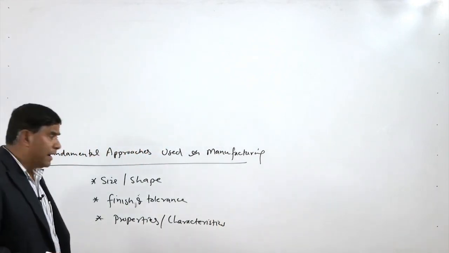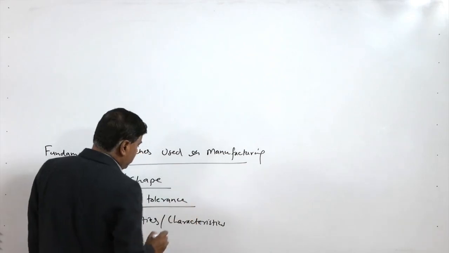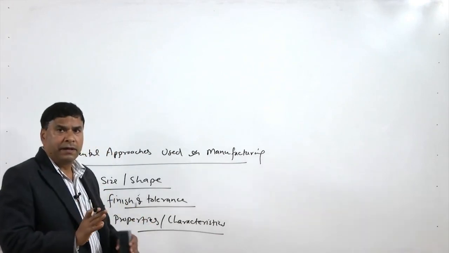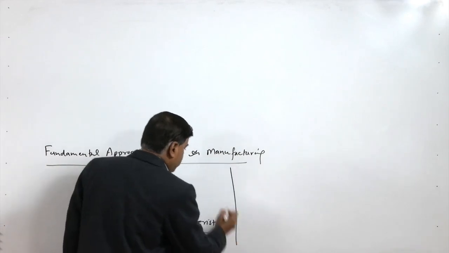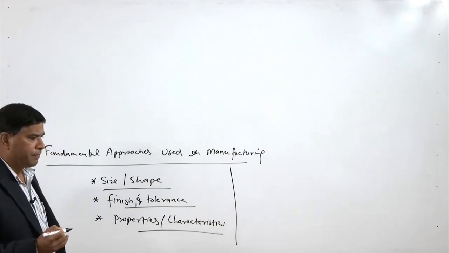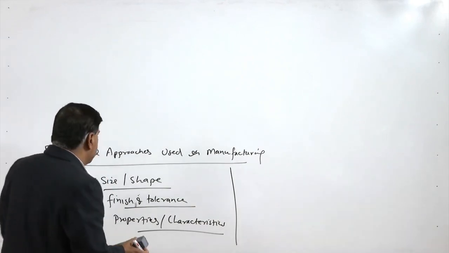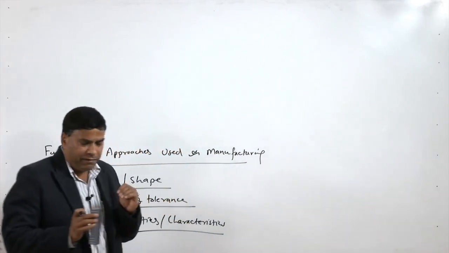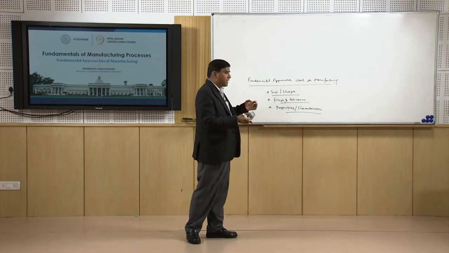So, for realizing the desired size and shape, desired finish and close control over the tolerance, and desired properties, it is required that a wide range of processes are used. The processes used in manufacturing are very wide in range and very different in nature, but there are some basic approaches which help to achieve the desired size and shape.